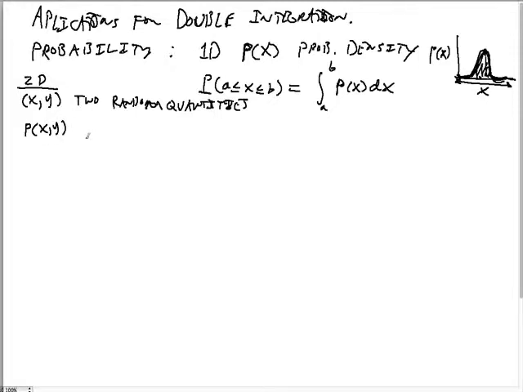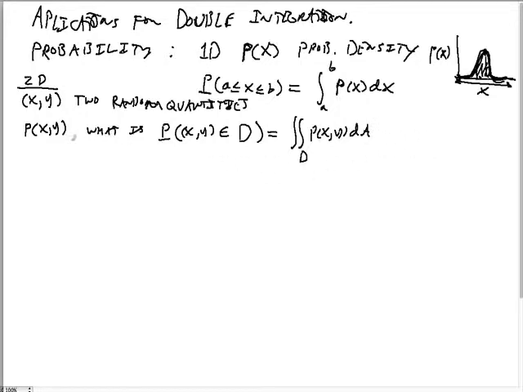We want to know the probability, P, that x comma y is in some region D. And of course that is the double integral of lowercase p of x comma y dA.